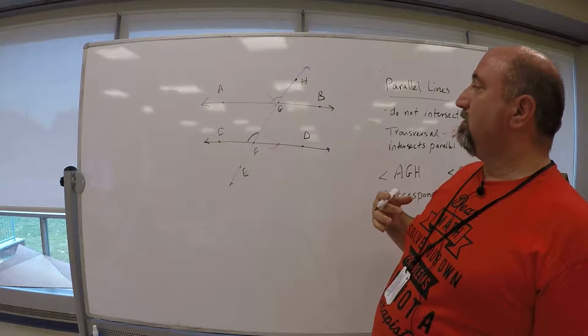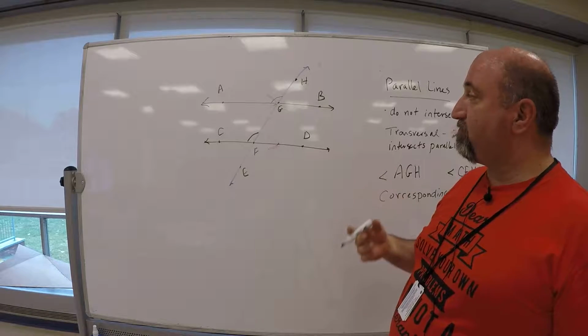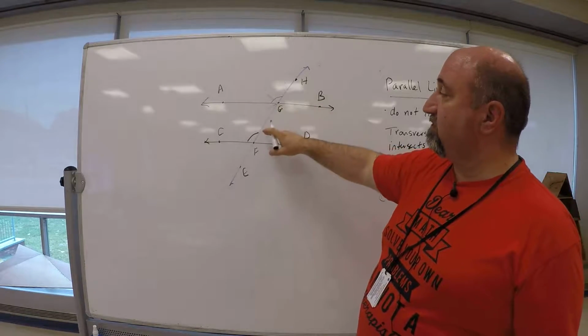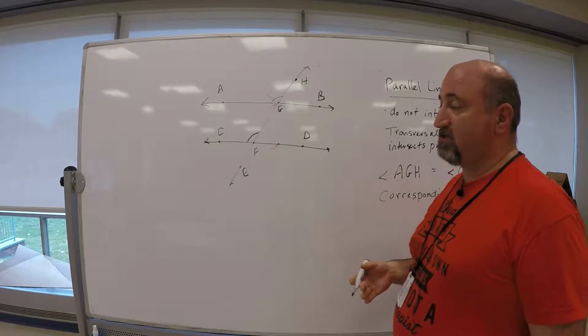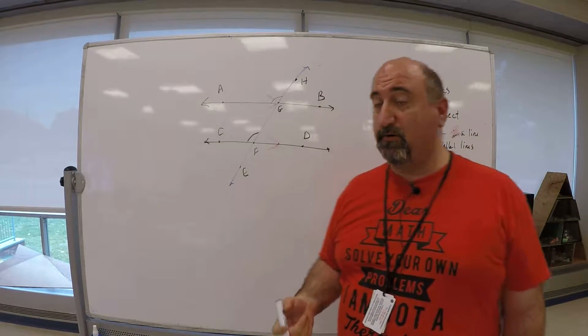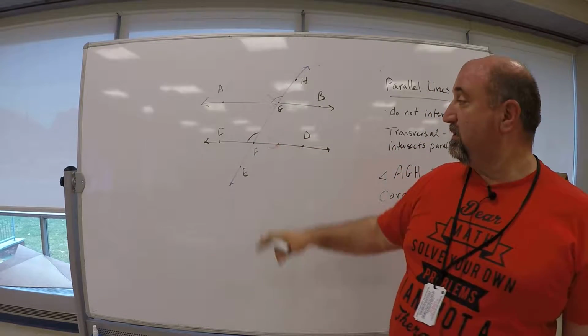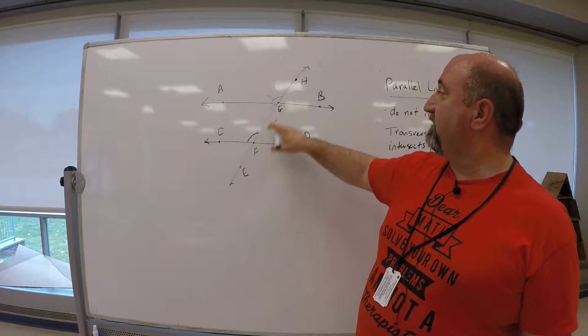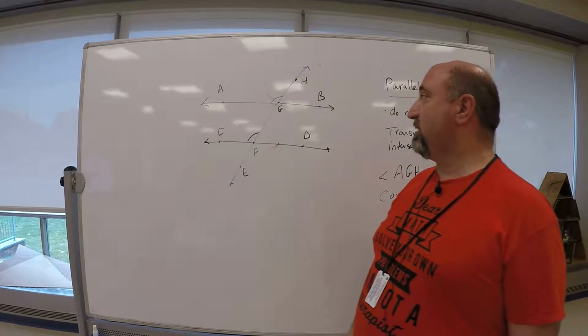And through proof, which I'm not going to do for you right now, we can prove that these two angles are equal. So for the purposes of our discussion today, we're assuming that they are equal. And if you look at them, you will see that they do indeed look to be equal. So CFG or CFH and AGH are equal angles.